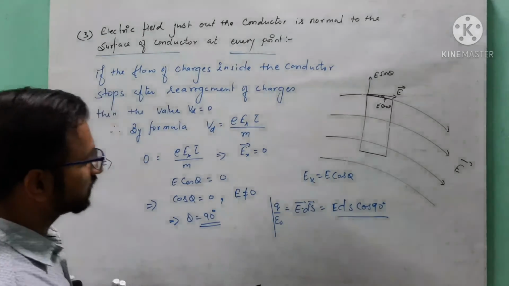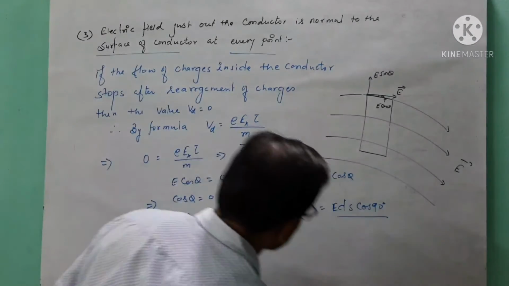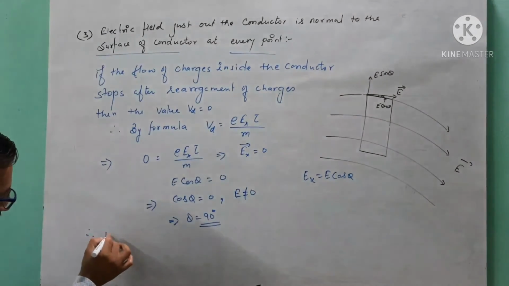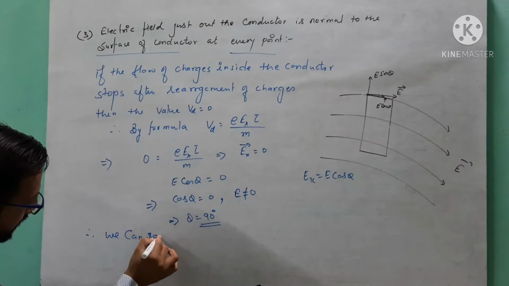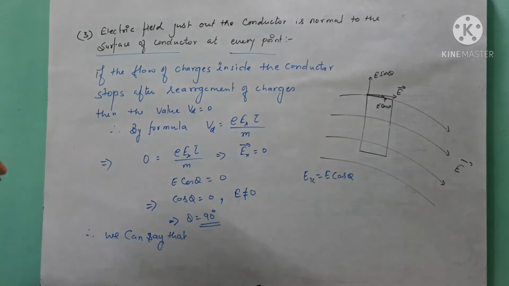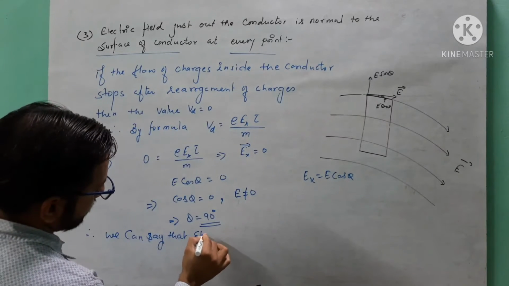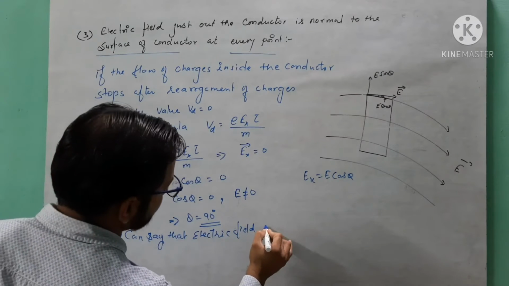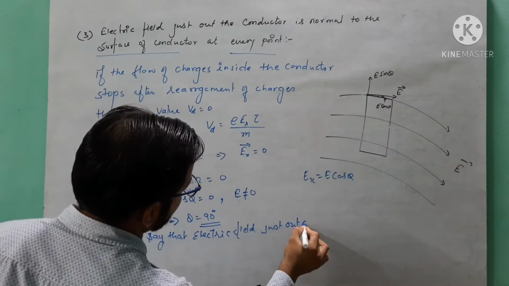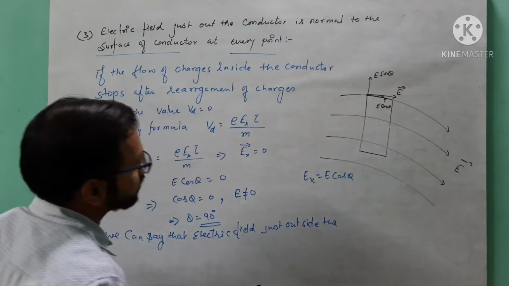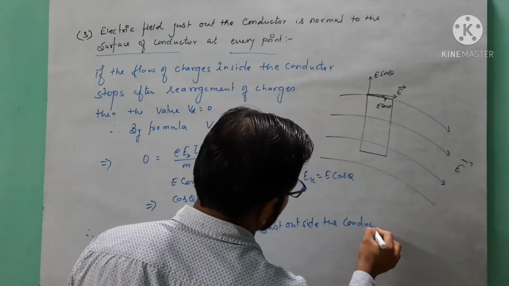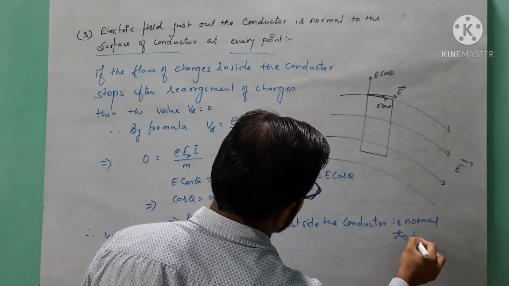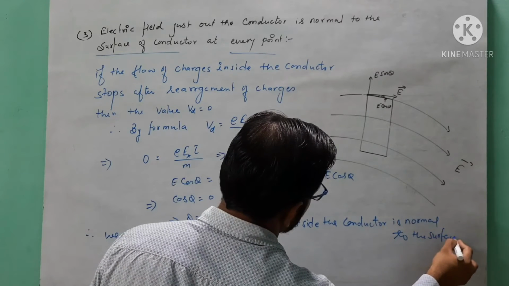So we can write it directly, as we have proved theta is equal to 90. Therefore we can say that the electric field just outside the conductor is normal to the surface of the conductor.